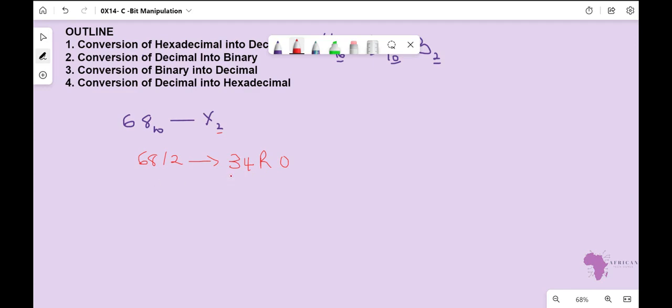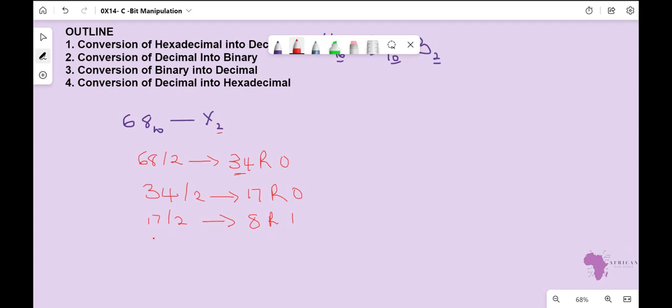There is no remainder. Then we come again and divide 34 by 2, which will give us 17, remainder 0, because 17 times 2 is 34. Then we divide 17 by 2, which is 8, remainder 1, because 8 times 2 is 16 plus 1 is 17.